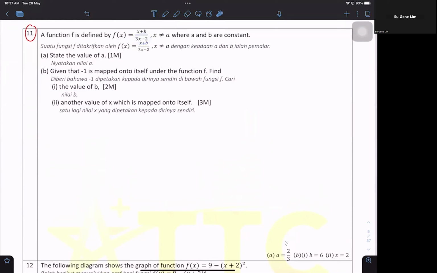So you think like this. X cannot be A because if the X is A, the denominator will be 0.